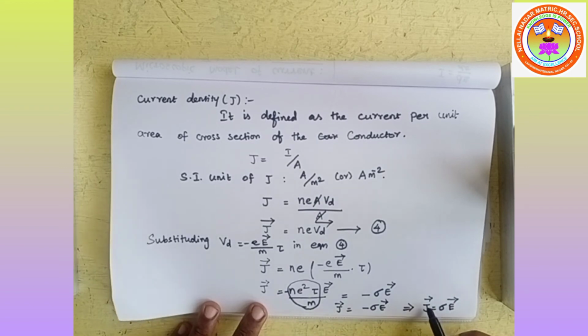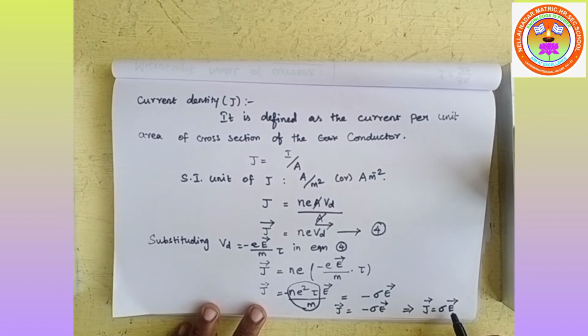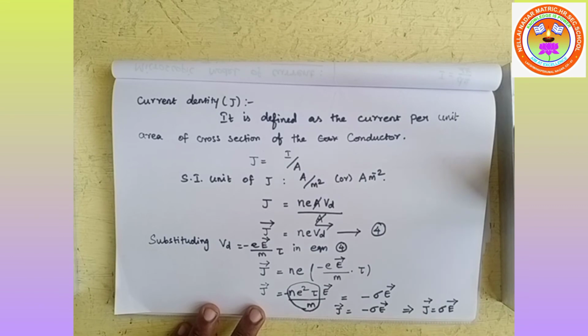The direction of the conventional current density is the direction of the electric field, so we can neglect this negative sign. So the J vector is equal to sigma E vector.